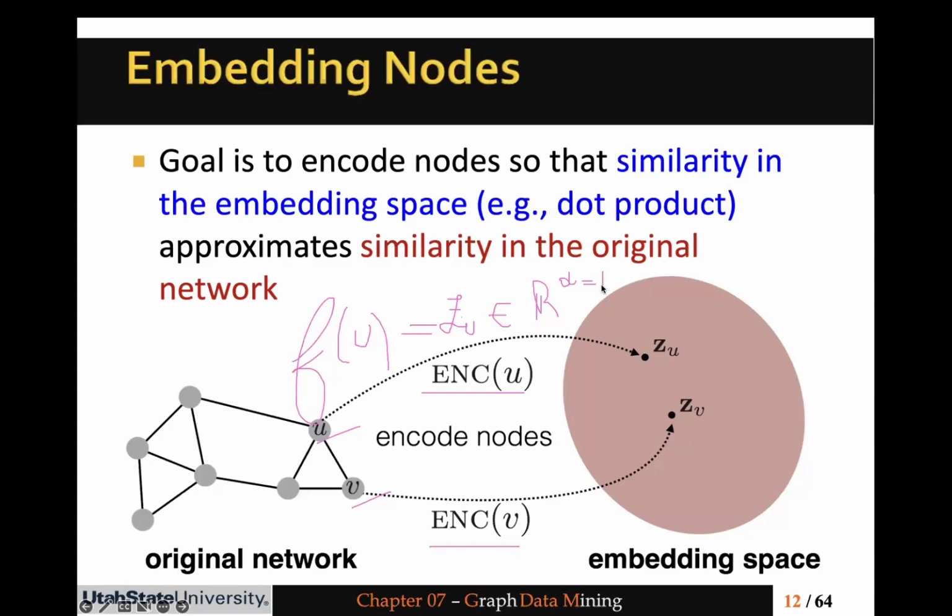I believe in the original paper they say something between 100 and 300 is typical to encode the nodes into the new embedding space.